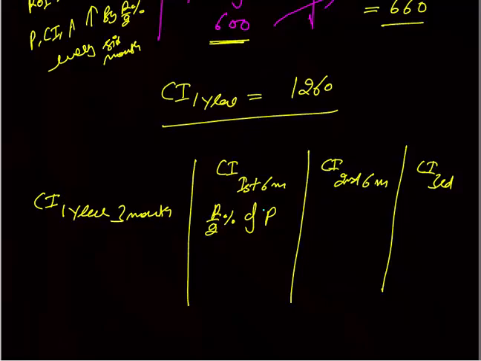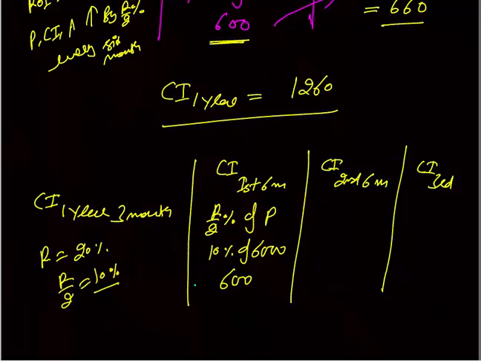Because I need to calculate compound interest for 6 months. So 10% of 6,000, it was 600. Now this 600 will increase by R by 2% every period. R is 20% per annum compounding semi-annually, R by 2 would be 10%. So 600 will increase by 10%, becomes 600 plus 60, as I explained in the previous slide.